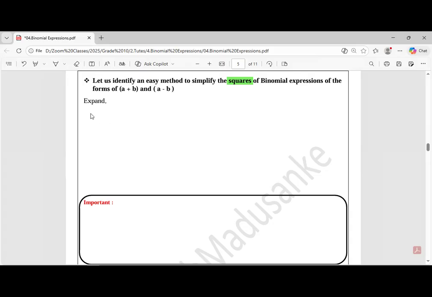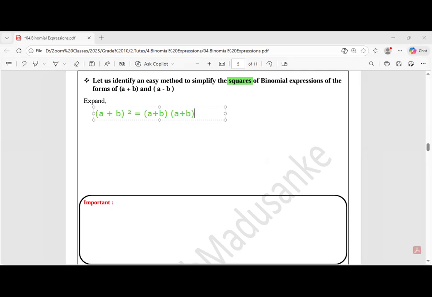First of all, let's do the expansion of a plus b square. Do it by yourself. a plus b to the power 2 equals. How are we going to expand this? The first bracket should be a plus b. Please write it with me. The second bracket should be the same thing, two identical terms, a plus b.